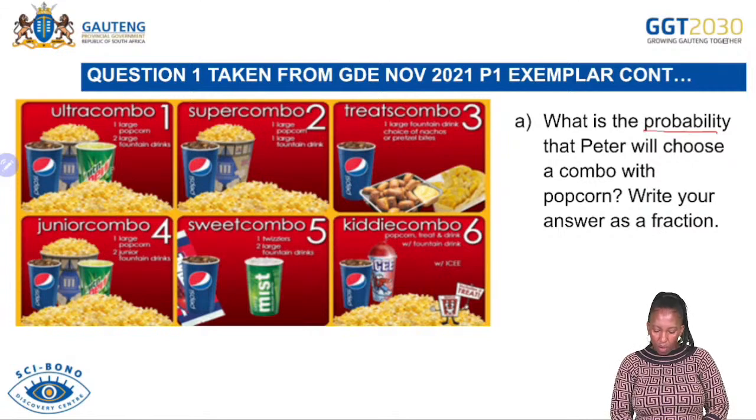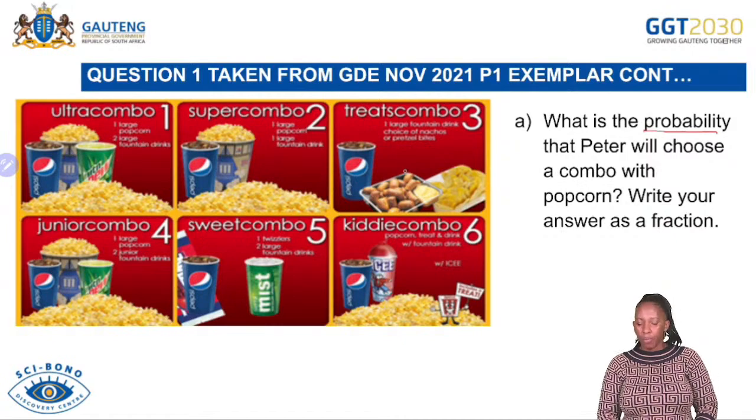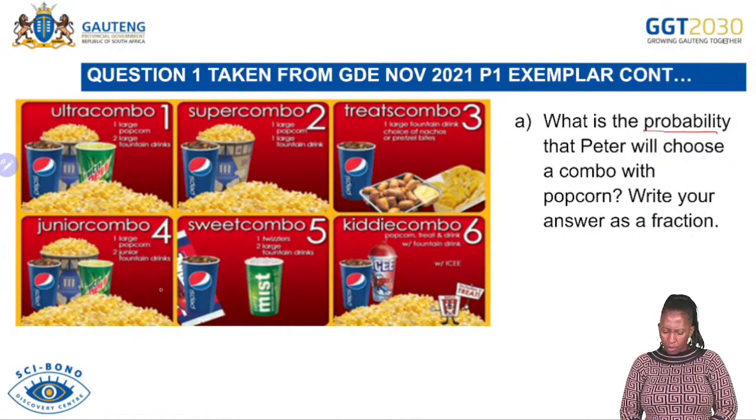Combo 1, ultra combo, has popcorns. Combo 2, super combo, has popcorns. Treats combo, are there any popcorns? No. Junior combo, there are popcorns. Sweet combo, which is combo number 5, are there any popcorns? No.